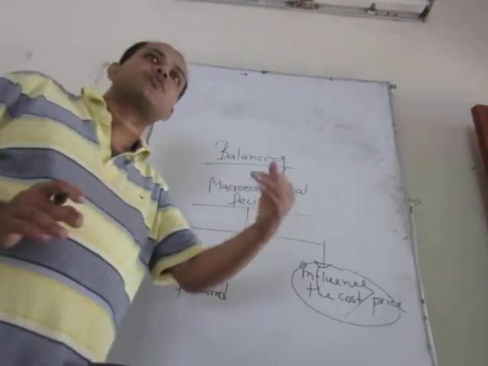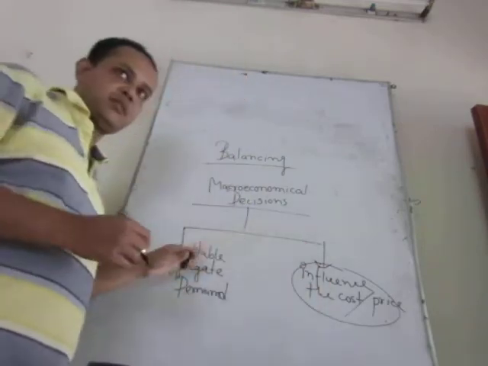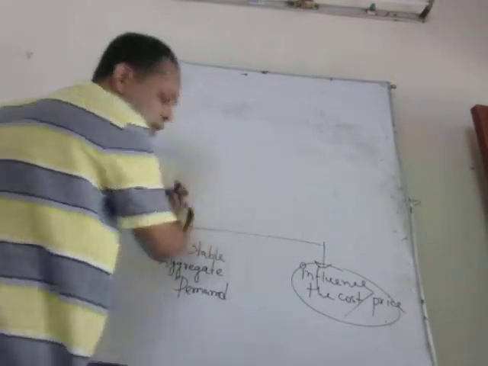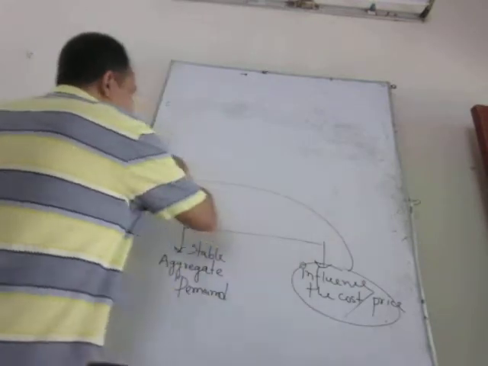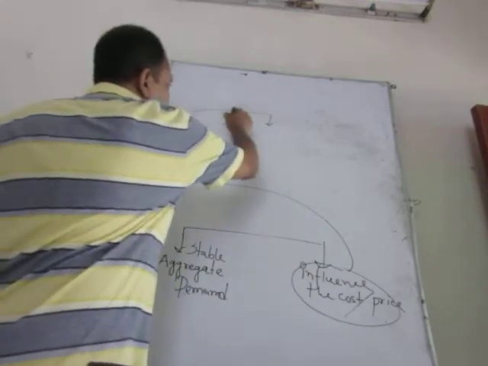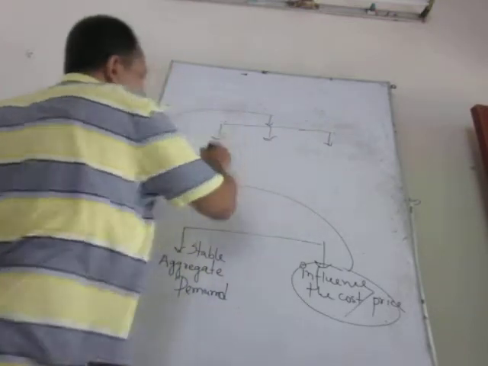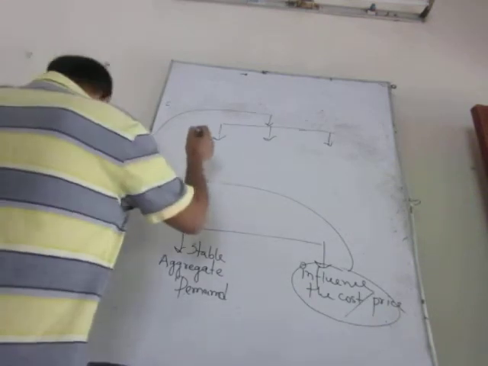Government can go for choosing any of these strategies. So the thing is influencing the cost. How can government influence this? There are three different strategies that government can go for in influencing the price. One is monetary policy.